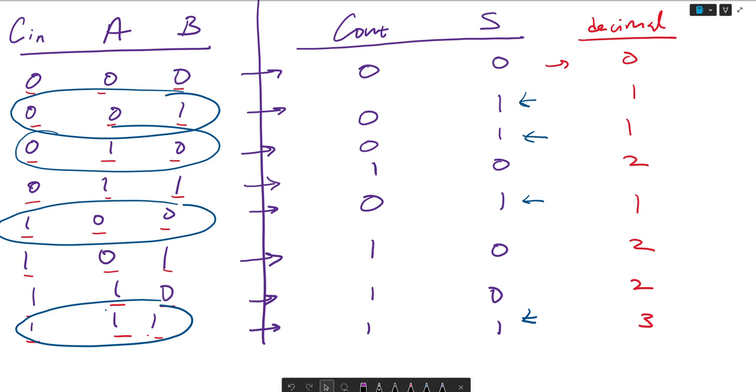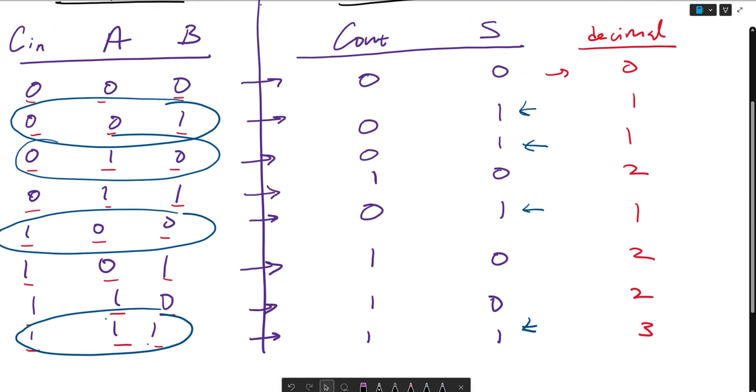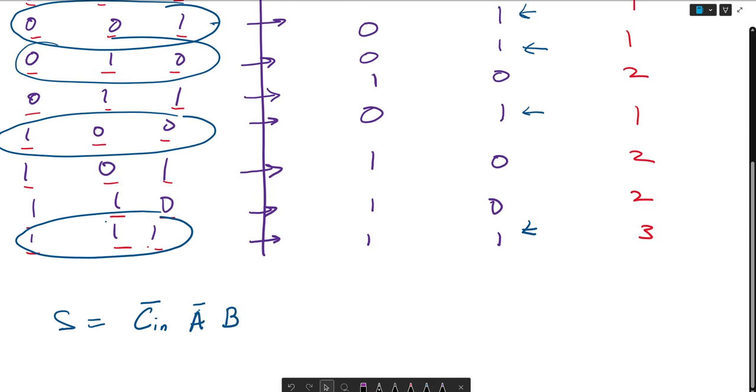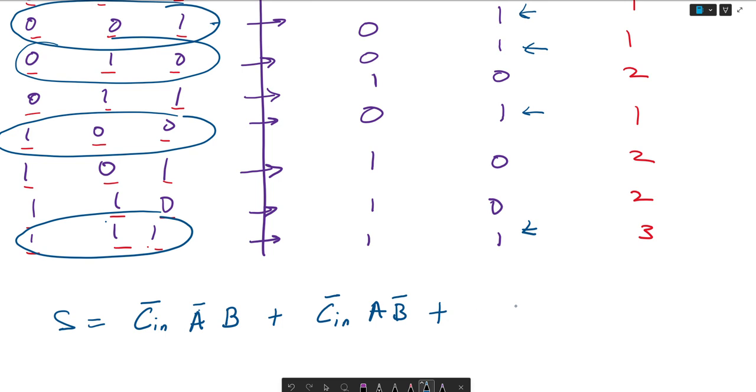So for example, for this first part, I would get C in not A not B plus C in not A B not plus C in A not B not plus C in A B.